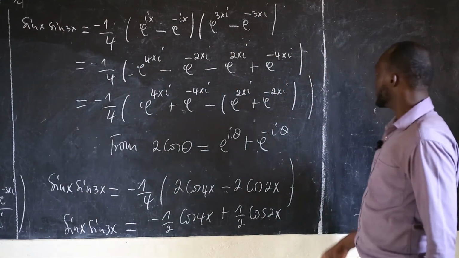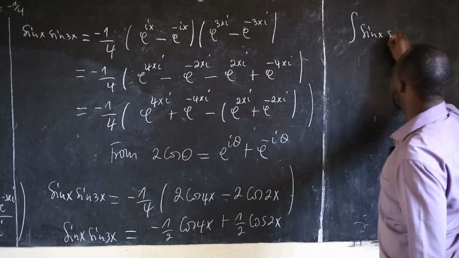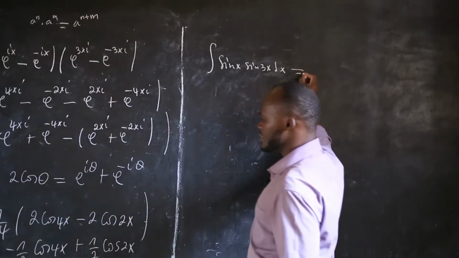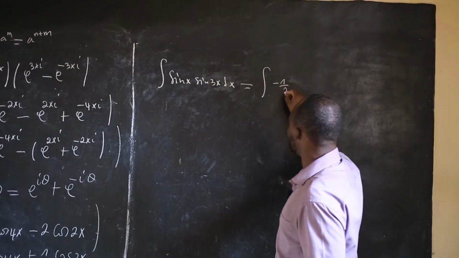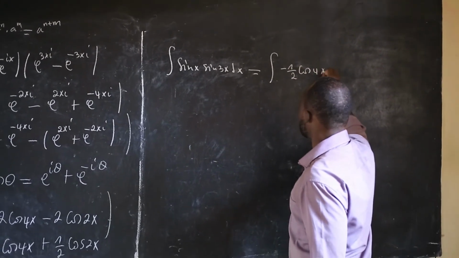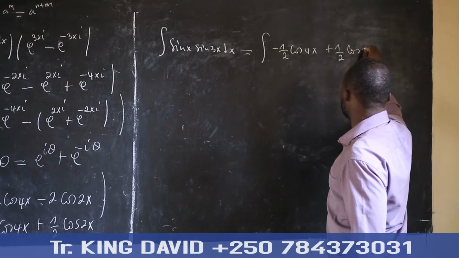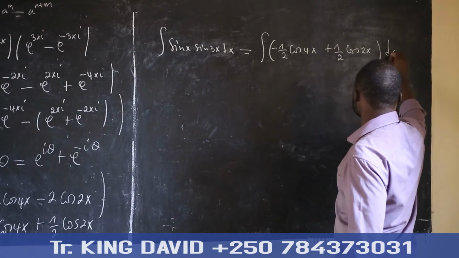So what does it mean? It means that the integration of sine x sine 3x dx is the same as the integration of negative half cos 4x plus a half cos 2x into bracket dx.